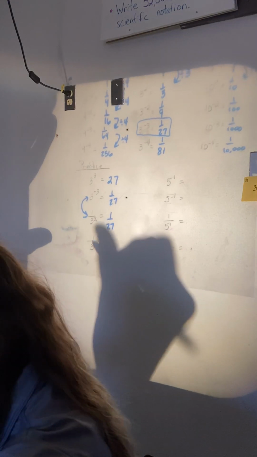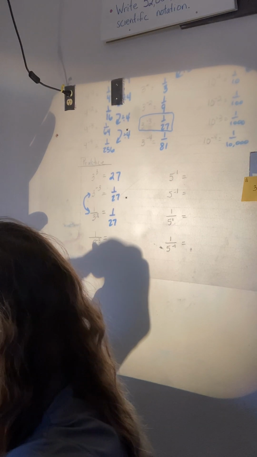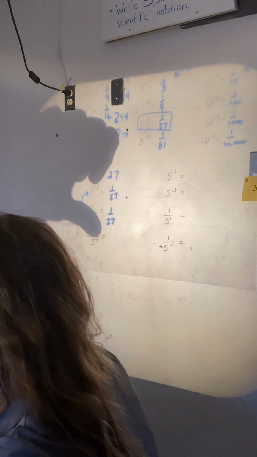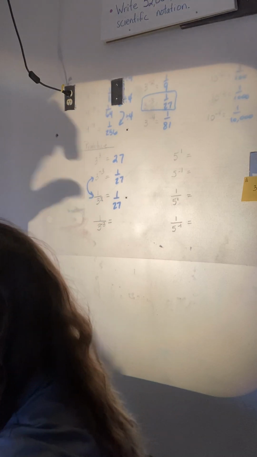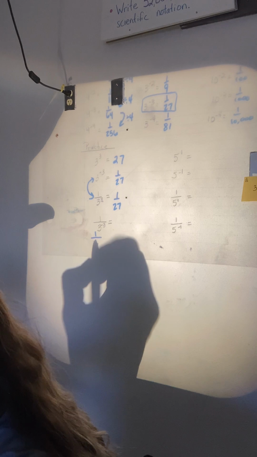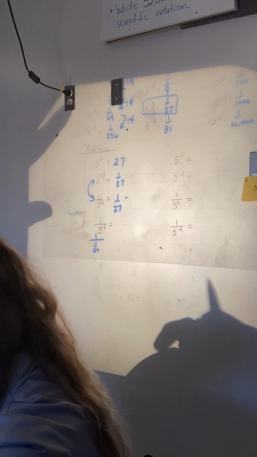Now this bottom one. We're going to do a little bit of work here so I can make sense of this. You just told me that 3 to the negative third is 1 over 27. So here's what we have, and I want you to write this down. We have 1 over 1/27.